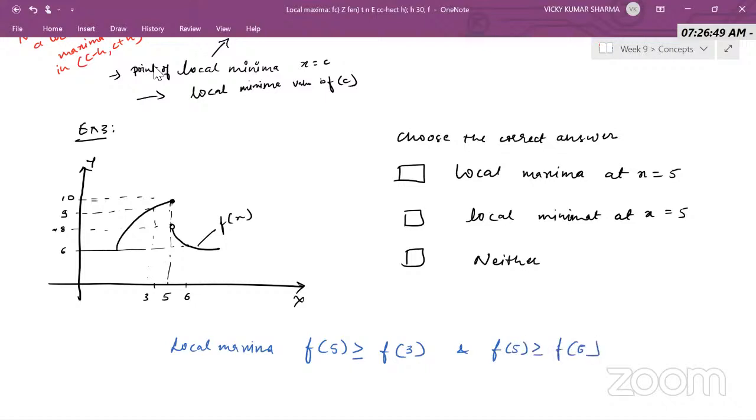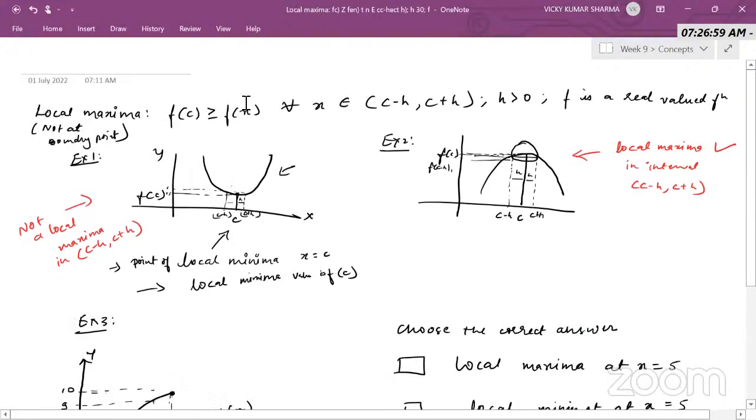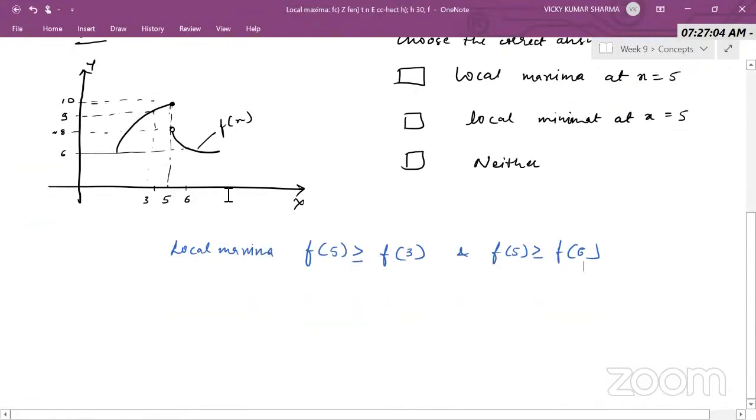If these two are happening, then I can say that at x equals 5, f of 5 is a local maxima value. This is as per the definition, isn't it? Here I have been given some numerical values, so I'm directly substituting them, and I changed that definition slightly as per the convenience of the question. You can understand how I have written this part.